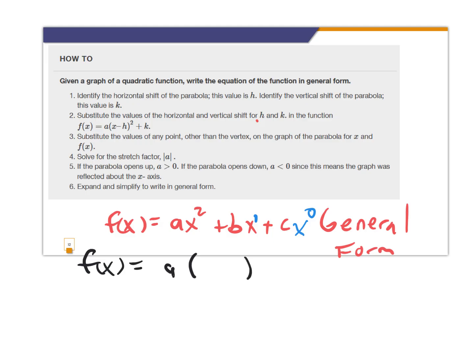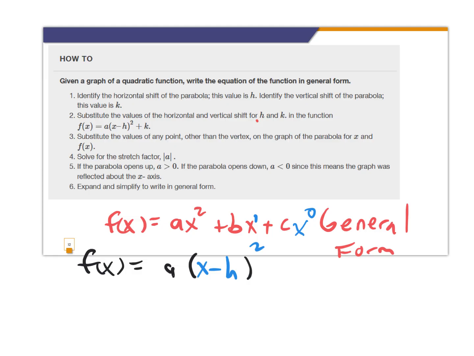And this should look familiar from when we were graphing absolute values and things like that. x minus h, squared. Remember when we were doing the opposite of left and right, when you see minus h and h was a positive number, we'd be going to the right. That's the same thing as we had before.